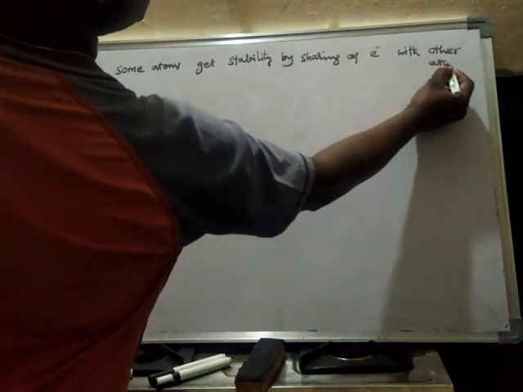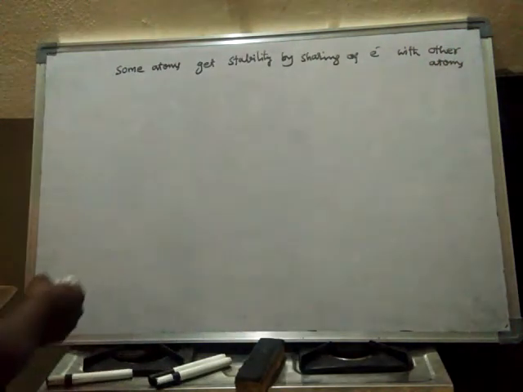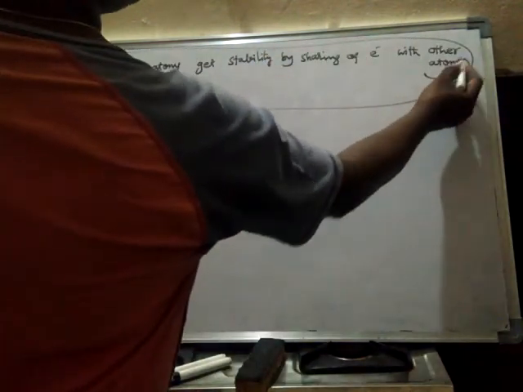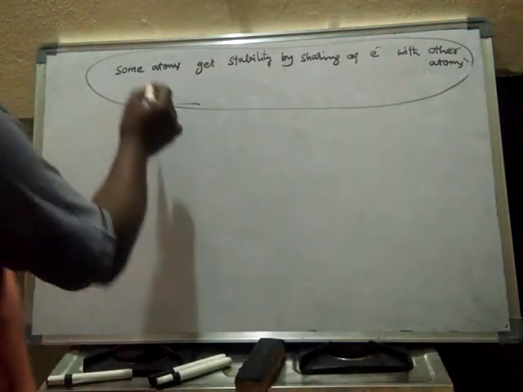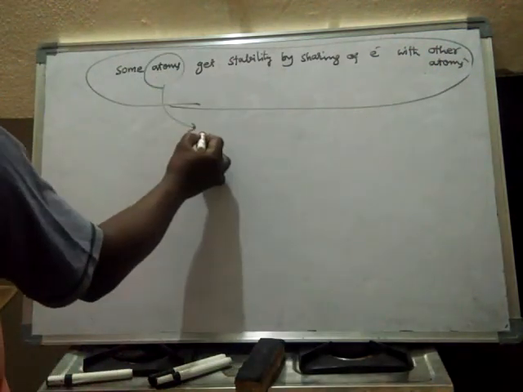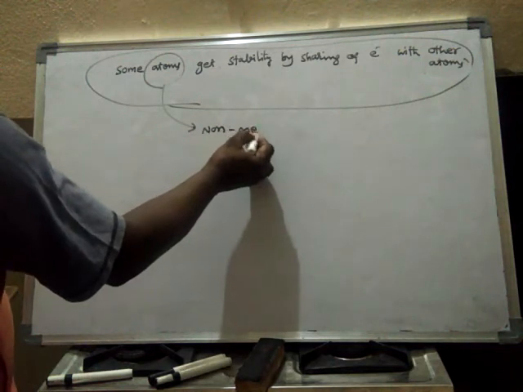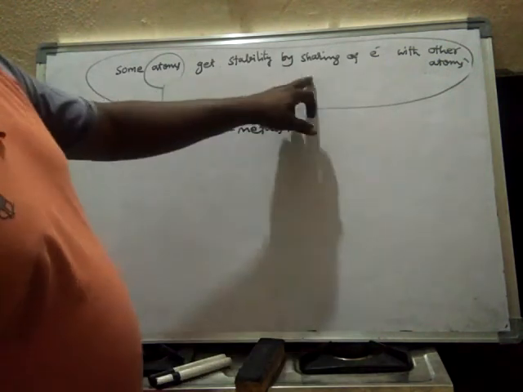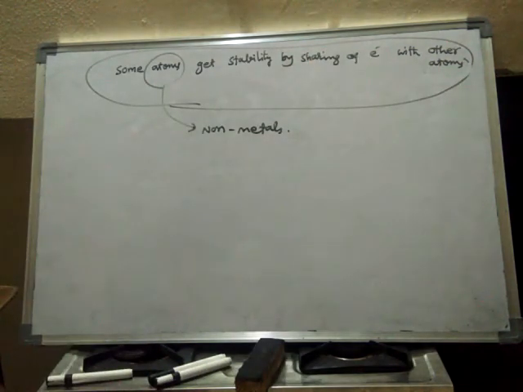Even these atoms are said to be non-metal atoms. Non-metal atoms either gain electrons or share electrons, whereas metal atoms lose electrons. In this fashion, atoms can be studied as metals, non-metals, and so on.